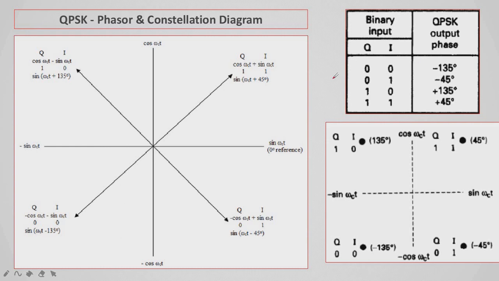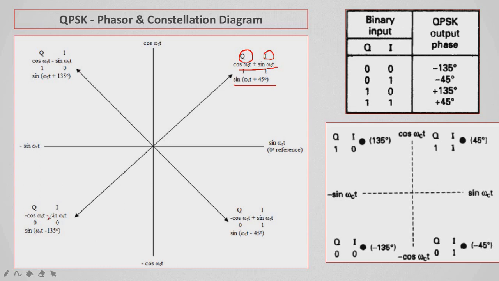Here you can see the sine term plus and the cosine term plus. Cosine is provided with Q, quadrature, and I is the in-phase component. When I Q is 1 0, 1 is provided with cos, and this 0 means minus 1, so it is minus sin omega t.